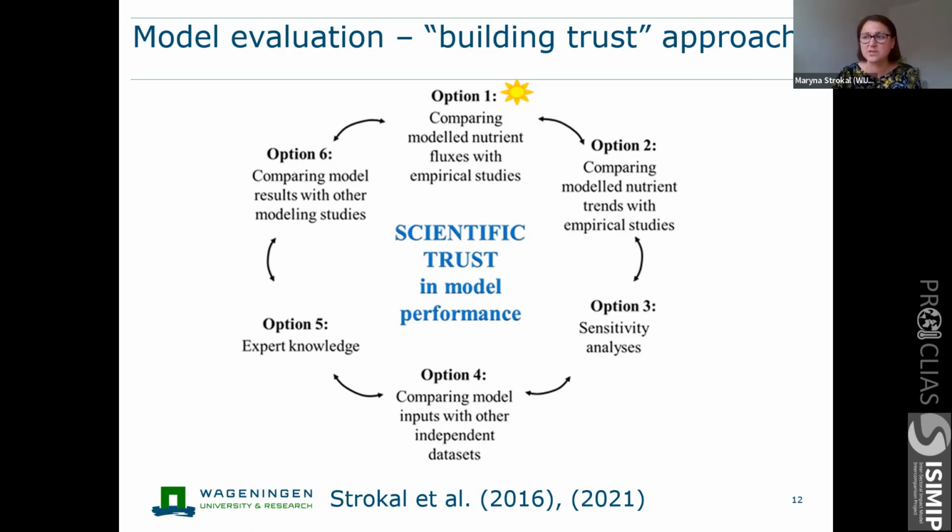That's why it is important to use more options, and especially the expert knowledge here. And option 6 is to compare model results with other modeling studies. And that's where also the ISIMIP community can play a role, so multi-model comparisons. And if we apply the circle, building a circle of trust, then it gives us some indication how we can trust the model results.